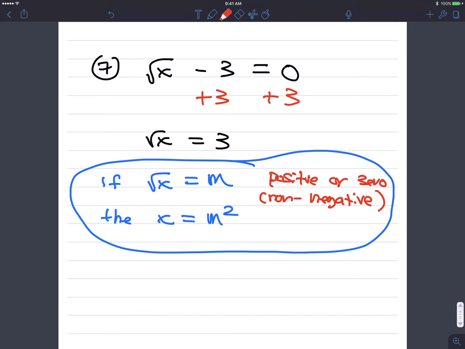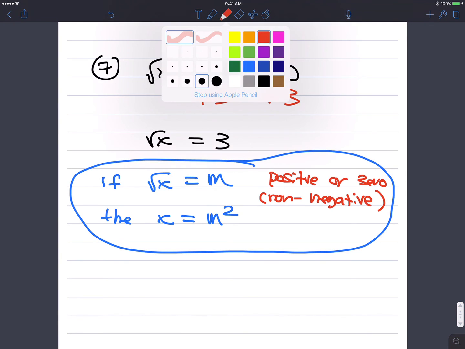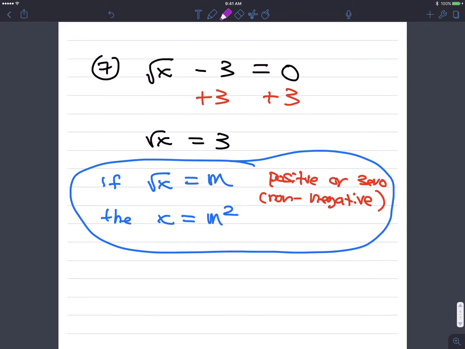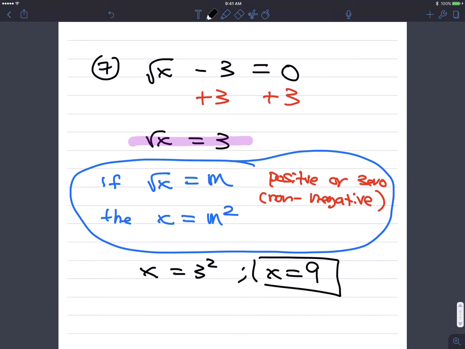Since we have the square root of x equals 3, then that means x will be 3 squared, or that x will be the value 9. Notice that the square root of 9 is supposed to be 3, and it's actually a true statement. So 9 is our solution.